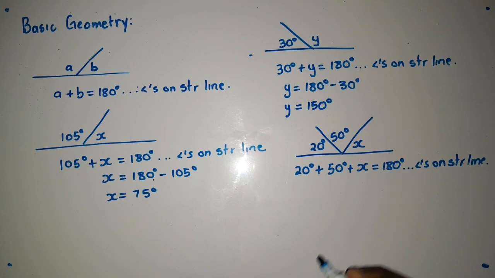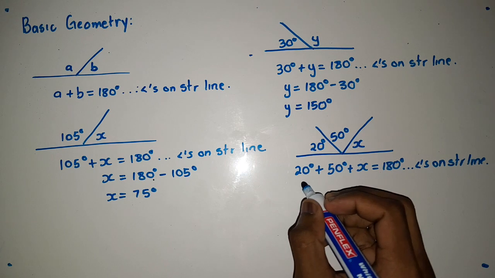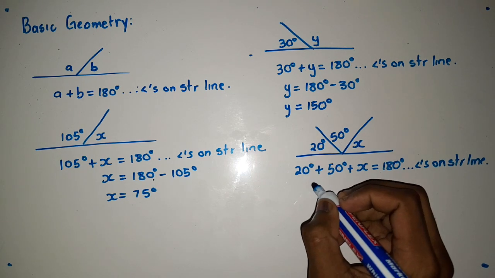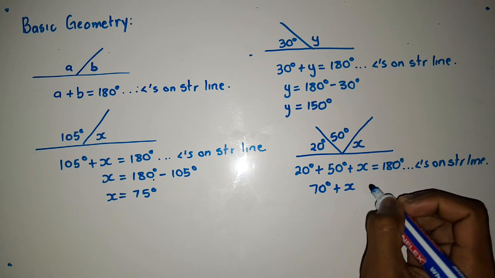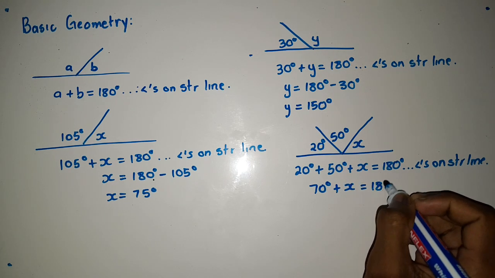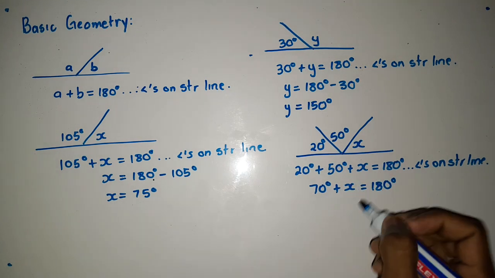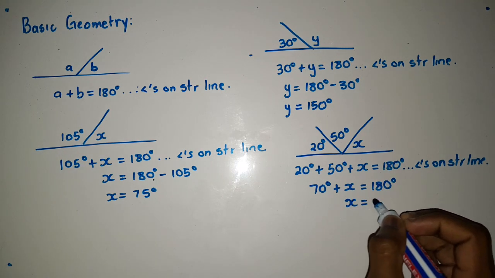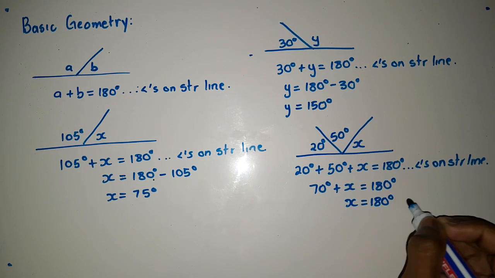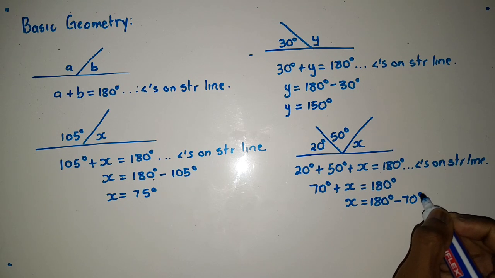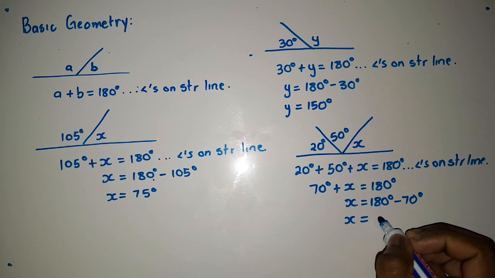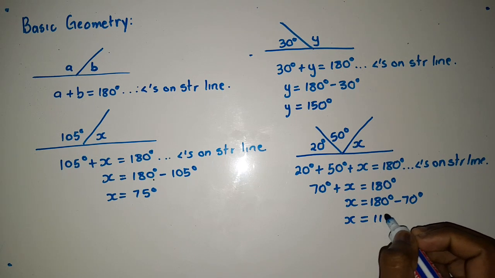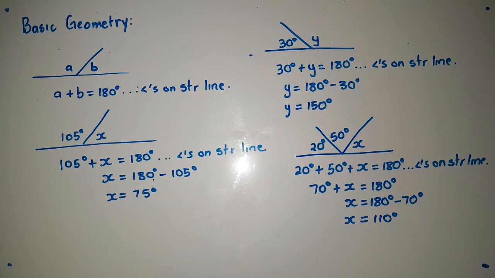Do you understand? Then you add these two, which is 50, 60, 70, plus x is equal to 180 degrees. Then you take 70 to the other side, which is 180 minus 70. You must get 110. Do you understand?